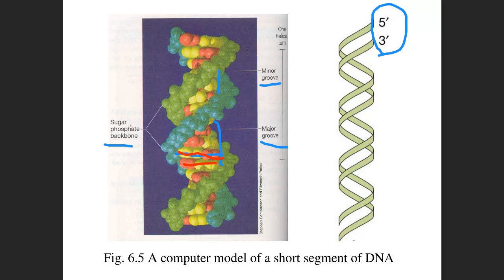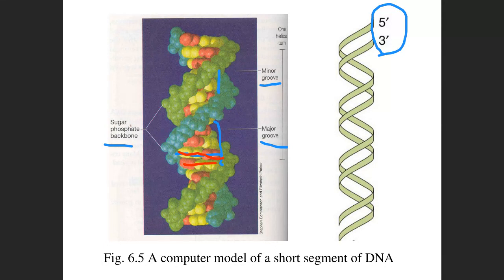And so that's why this is the major groove. And of course the DNA stacks one on top and then it turns too. And so the major groove goes around and the minor groove goes around.